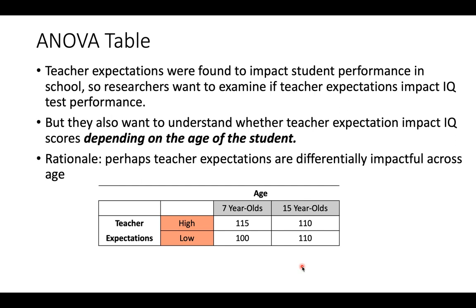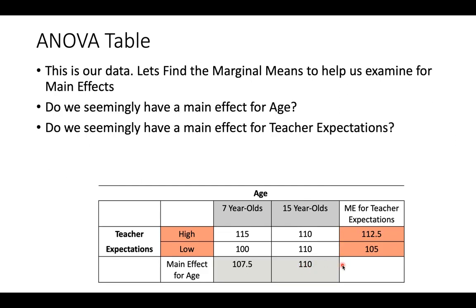So let's take a look at our marginal means. Let's start with age here. We average down, and we see that the average 7-year-old has an IQ of 107.5 in this example, and the average 15-year-old has an IQ of 110. Now, IQ is on a relatively large scale, right?